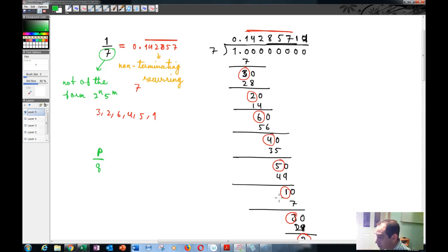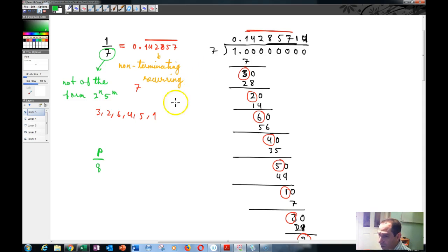Based on the text that I'm reading, this kind of situation happens for any rational number not covered by the theorem that we just mentioned.